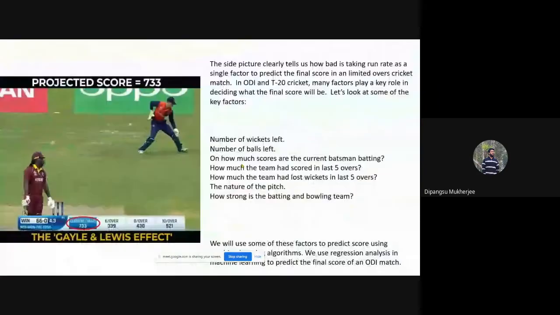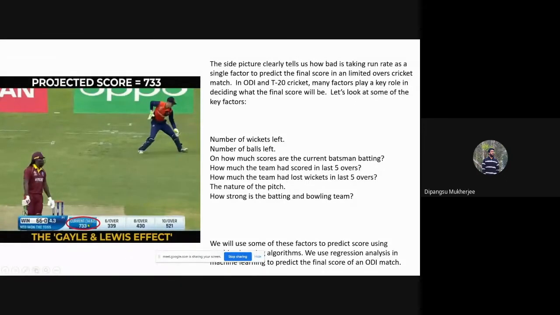Now you can see from this picture, there is a match between West Indies and England, and Chris Gayle is on strike. Within 4.3 overs the score is very huge, that is 66.